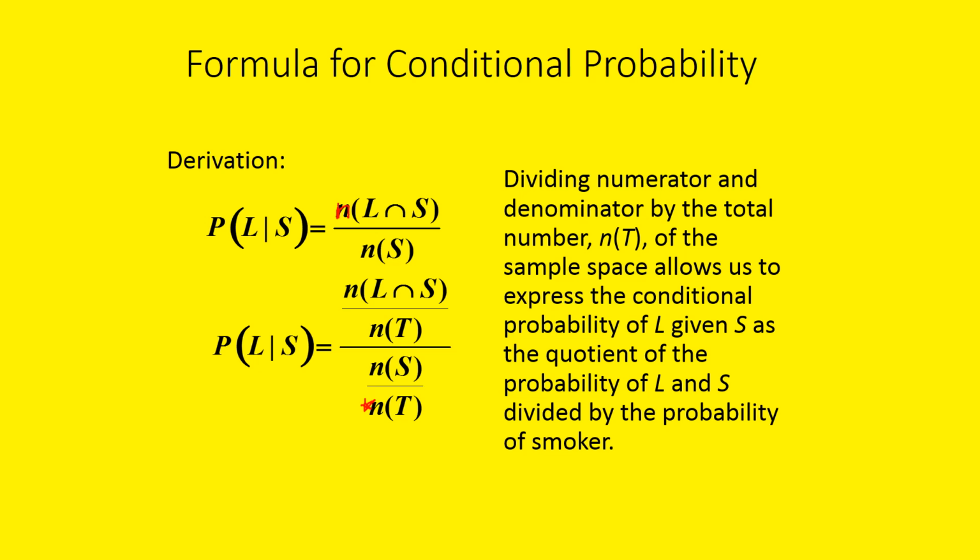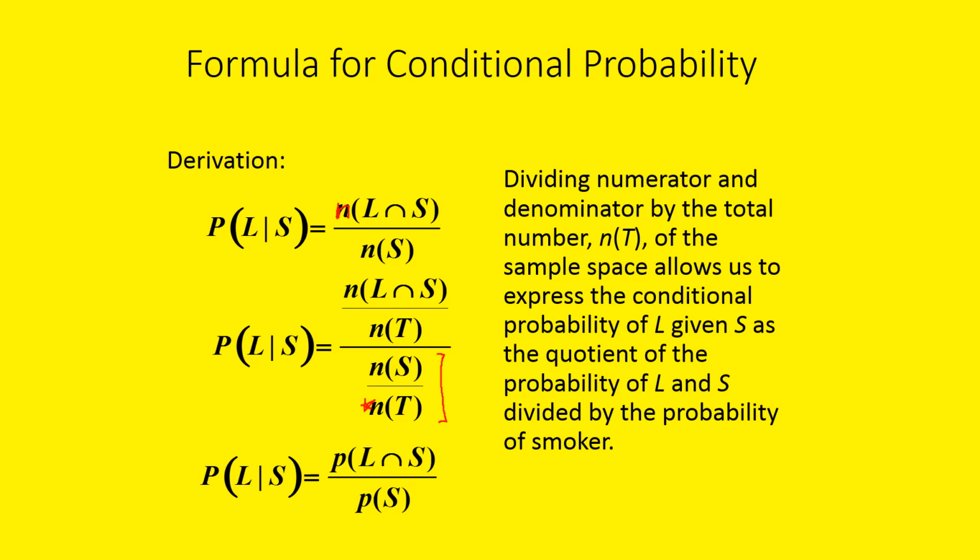Now we have a probability: that's the probability of smoker right there, the number of smokers divided by the total number of people. And in the numerator we have the probability of lung cancer and smokers.